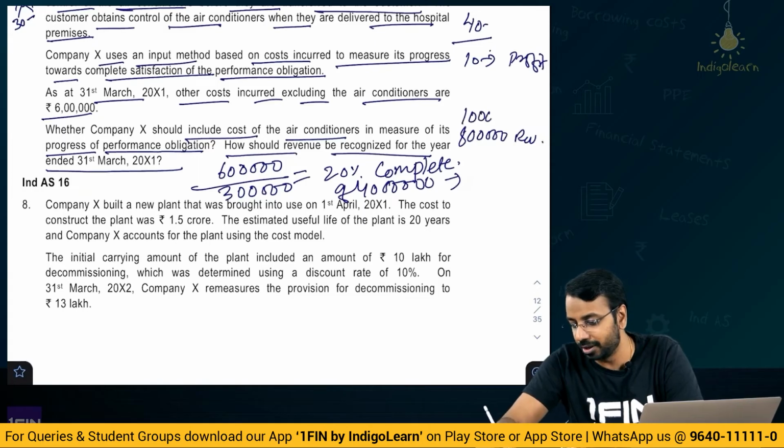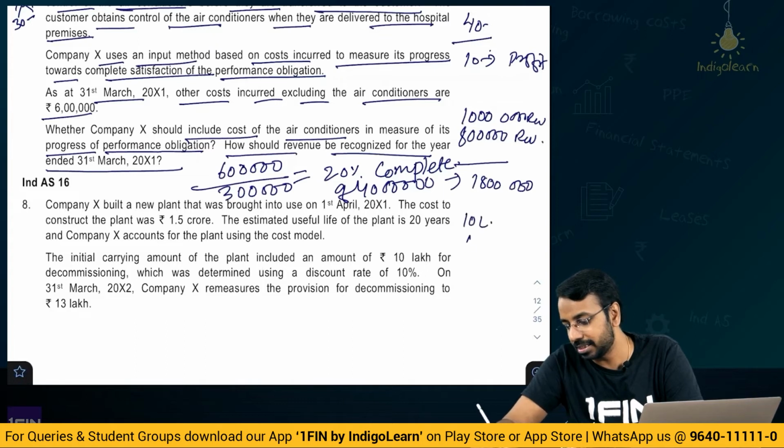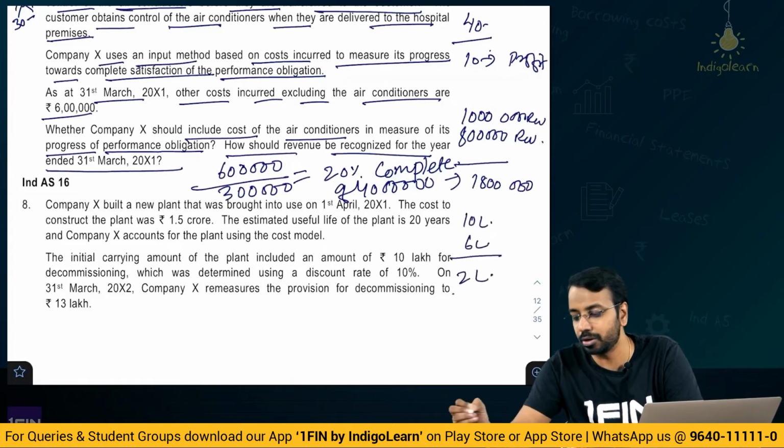Cost of AC delivered is recognized as revenue to the extent of cost. So, total revenue to be recognized will be 18 lakhs. How much will be the cost? 10 lakhs for AC and 6 lakhs for other cost. So, 2 lakhs will be your profit.